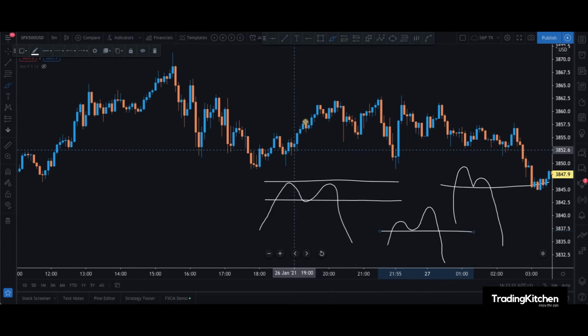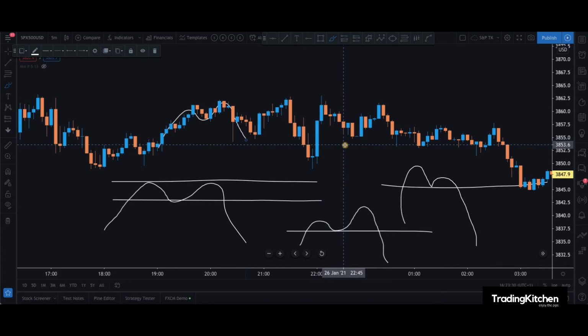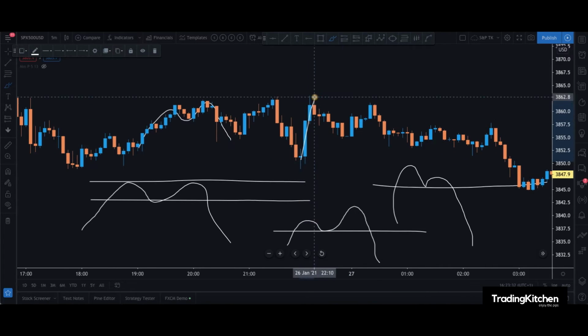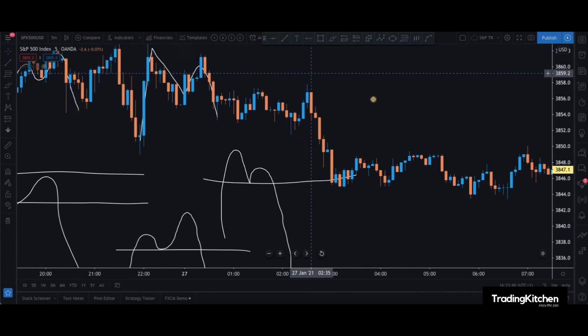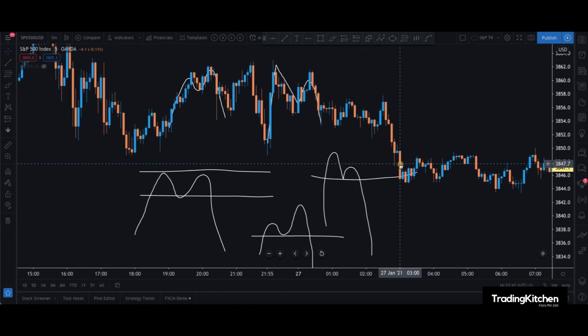And if you see, there are so many cases. Price always makes this kind of formation. Don't be confused. You don't have to think about double top or double bottom. They are the same graph signal, but they are two different concepts.